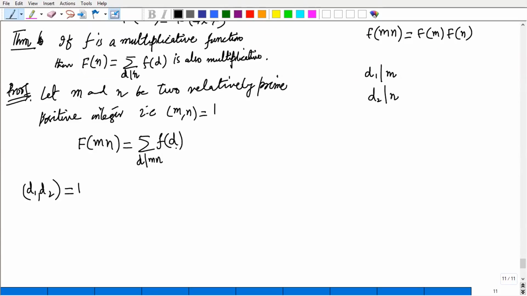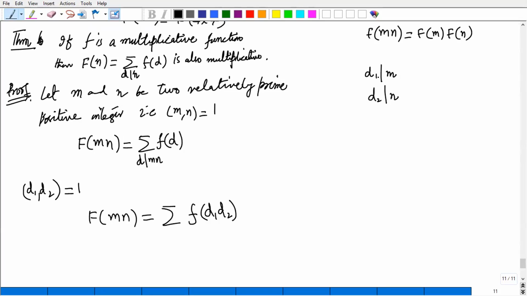So we can write the sum, and we can divide d into the product of d1 and d2, because the divisors of m are different than the divisors of n.